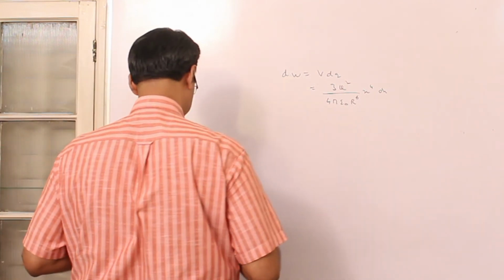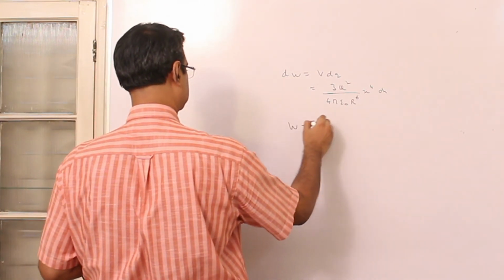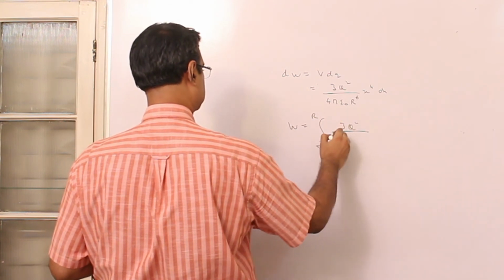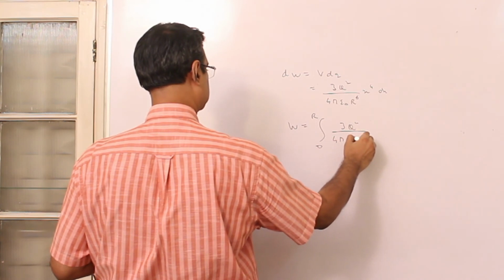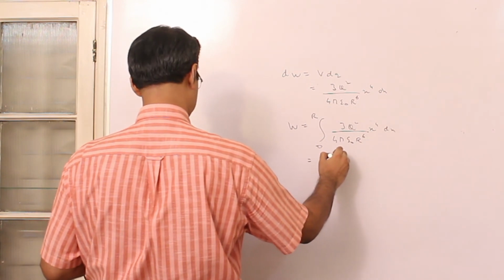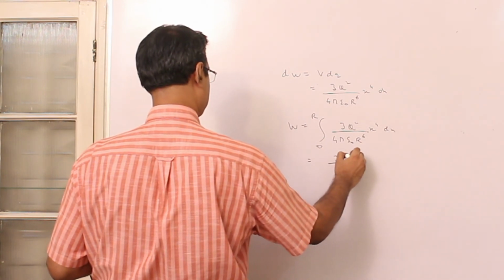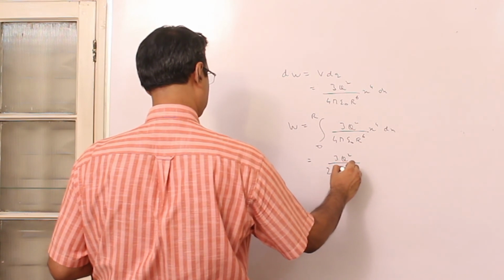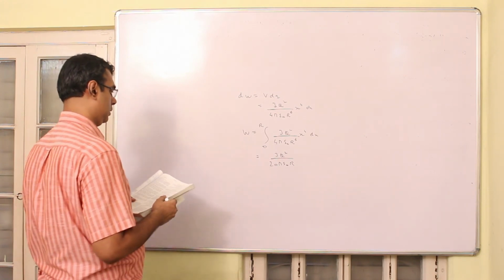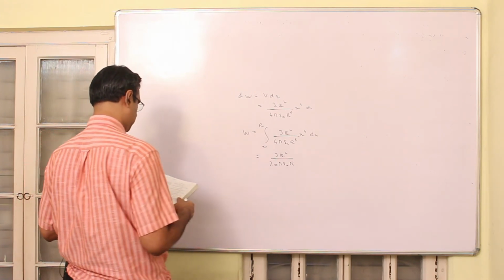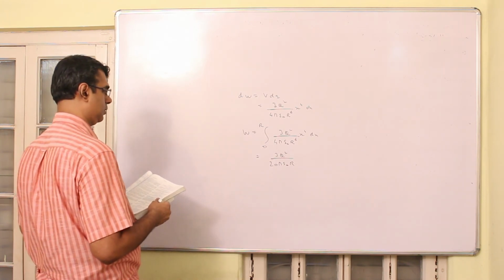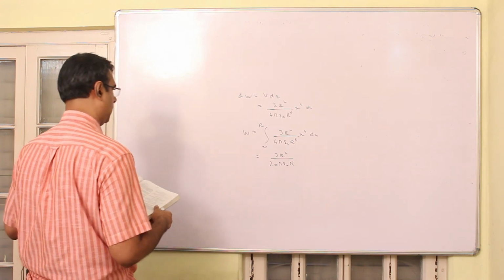So the total work done is equal to this, which finally gives 3q square by 20 pi epsilon naught r. So this is the total work done in assembling the entire sphere, and this is actually the potential energy of the sphere, 3q square by 20 pi epsilon naught r.